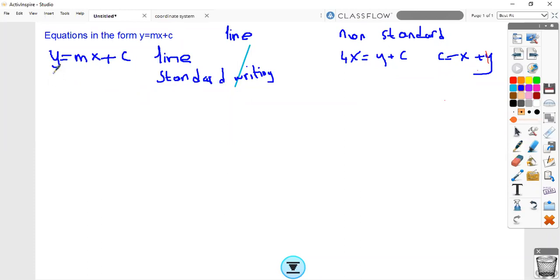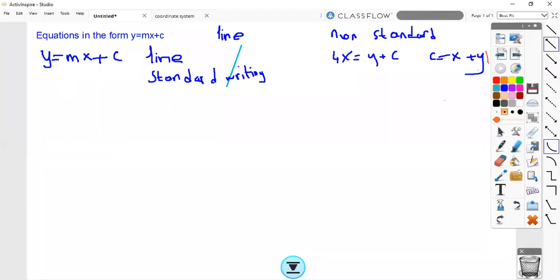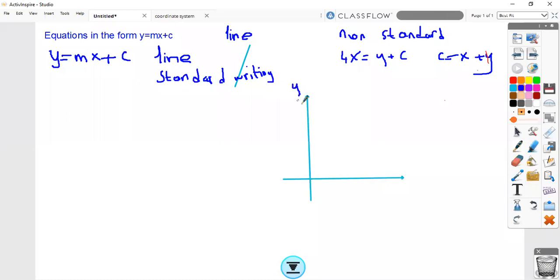Now this is the equation in the form y is equal to mx plus c. Here, what is y? Y is from the coordinate system. Remember, from the coordinate system, this was y. Any value over this y it can be. This is the x, and any value over the x we are going to use here.